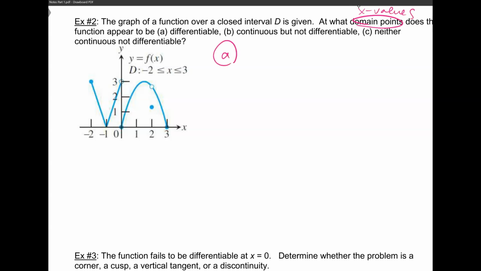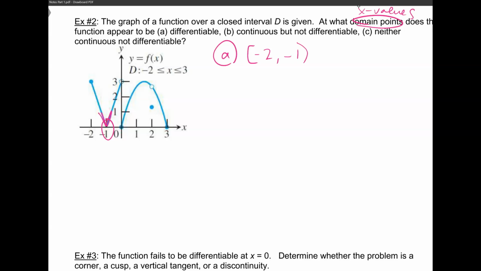It seems like I can take a derivative from -2 to -1. What's wrong with -1? I have a corner at -1. This is just like absolute value.